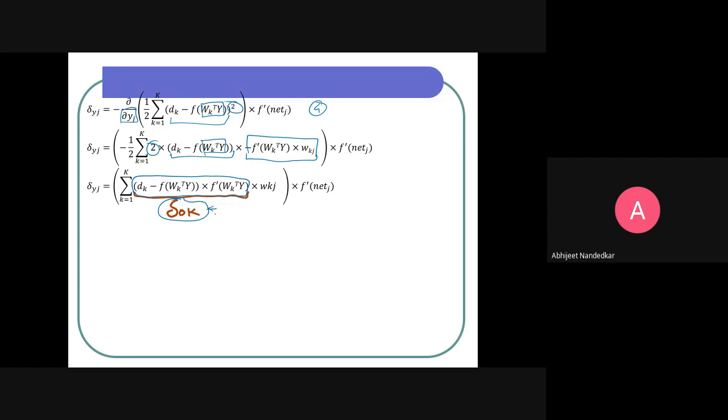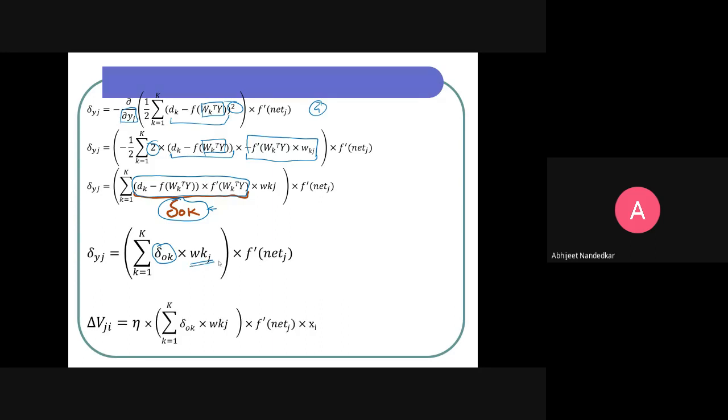Then I can write this as delta OK into weight Wkj. So if I do like this, the change in weight for Vji is equal to the learning constant into summation k equal to 1 to capital K of delta OK Wkj into f dash of net j into xi. So this is how we can change the weights for the hidden side.